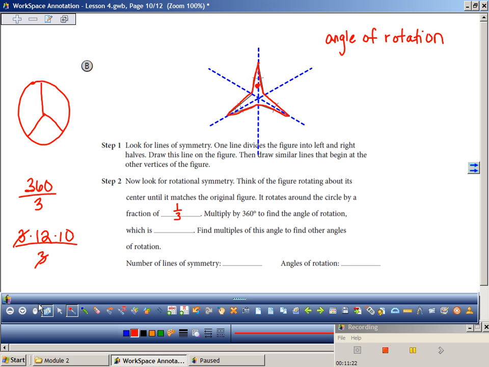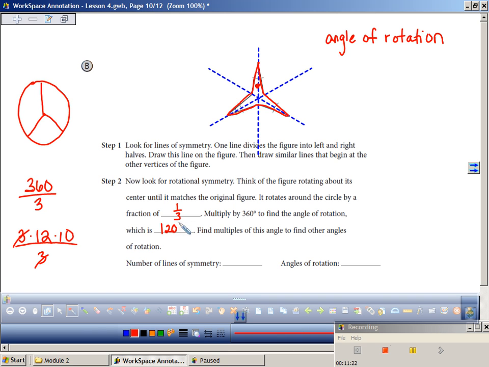And if I cancel 3 divided by 3 is 1, what's the angle? 120. So, how many lines of symmetry does it have? 3. And the angle of rotation is 120. Then what would be the next angle? What's the angle of rotation if I start here and I go all the way to here?